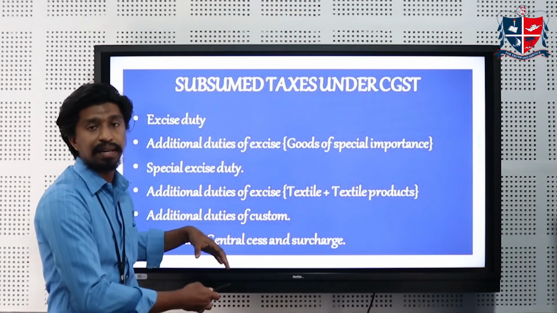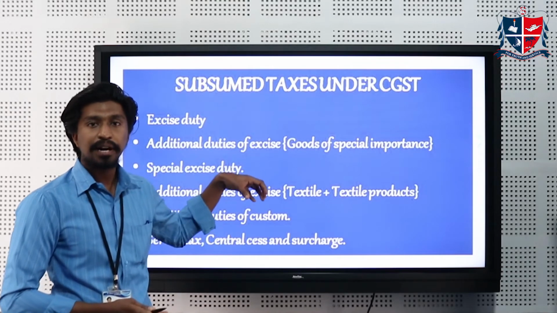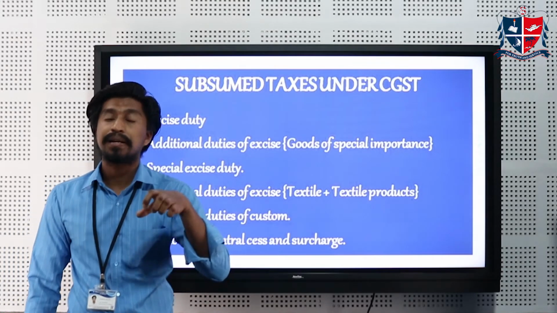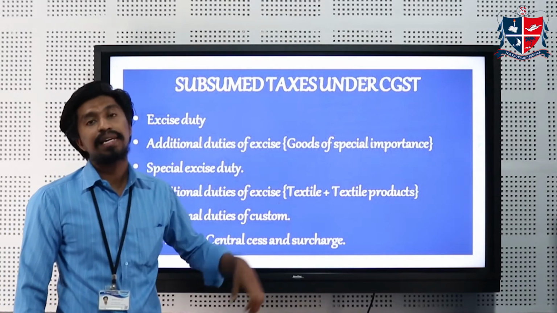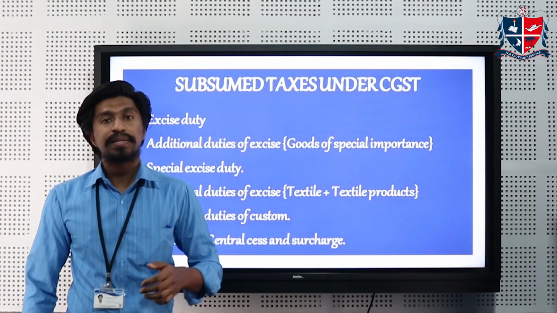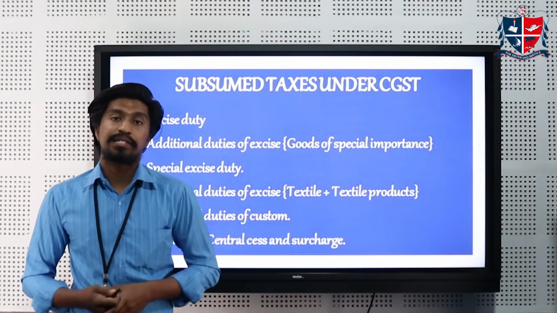So all these tax elements are relevant. See, actually, these are extracted from hundreds of tax elements. And the government decided to include these CGST elements only. Why? Because the public or the business concern is not responsible to pay double taxation.